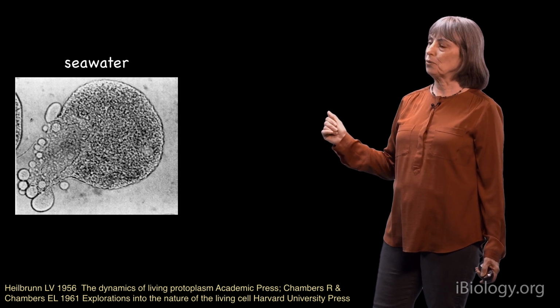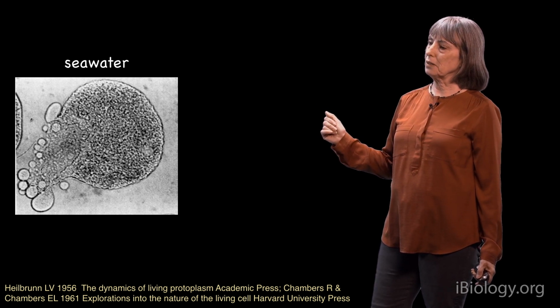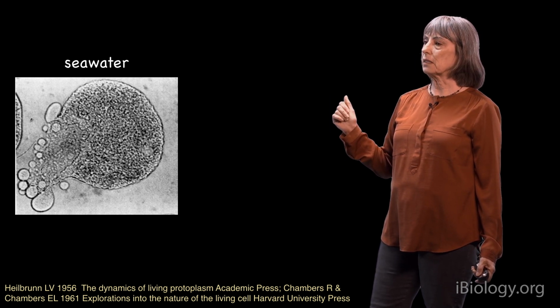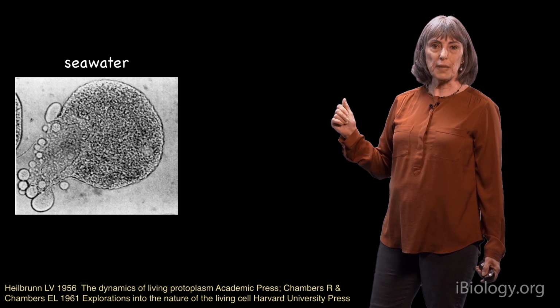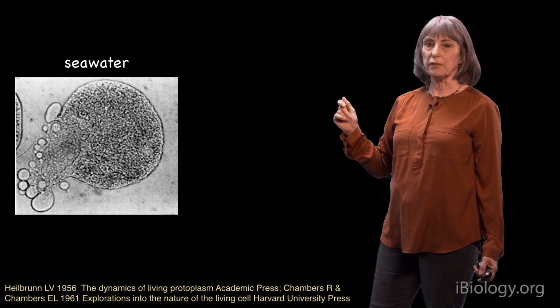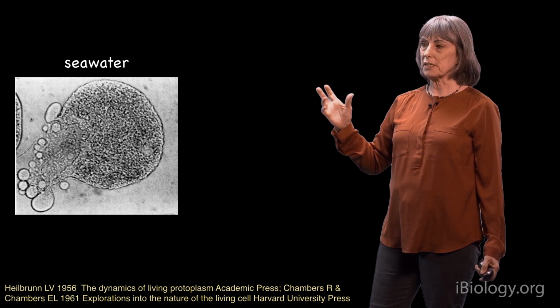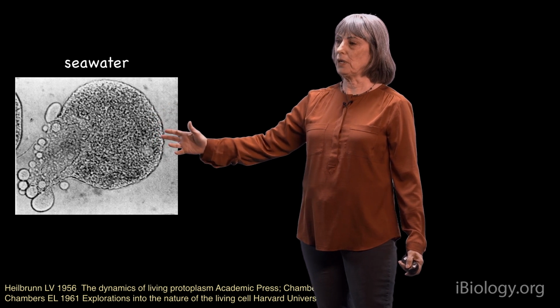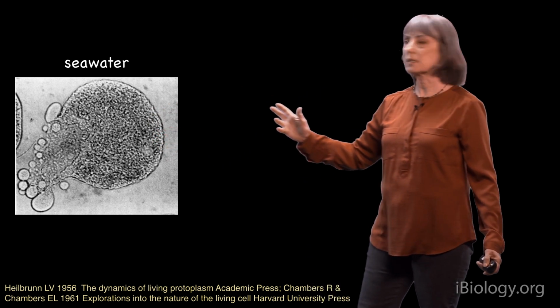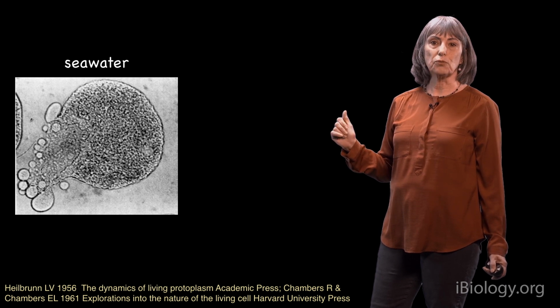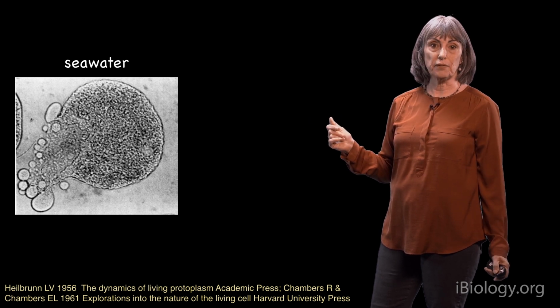The modern history of plasma membrane repair really started with the landmark studies of Heilbrunn and Chambers, in which they were looking at sea urchin eggs in seawater. And they noticed that when they injured the membrane of these eggs, they saw a surface reaction in which they saw a transient blebbing and rearrangement of the surface, and then these eggs went back completely to normal, and they were able even to be fertilized and developed.